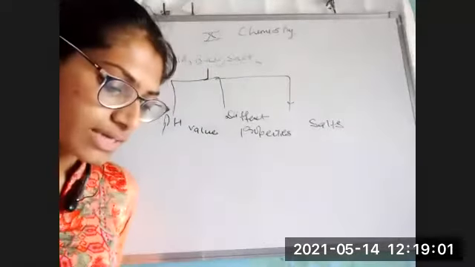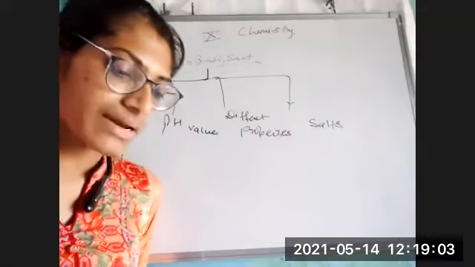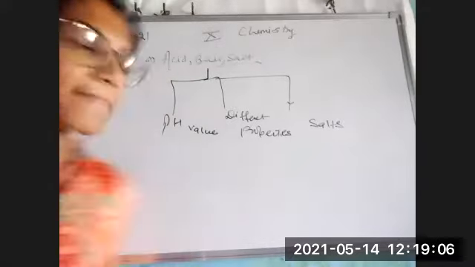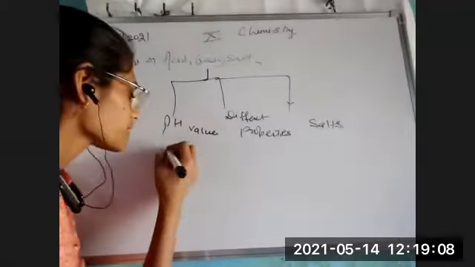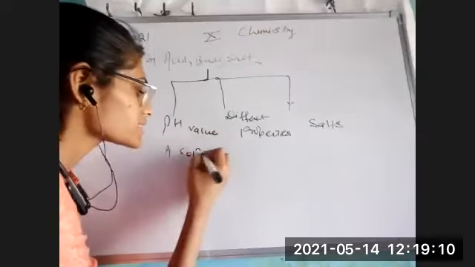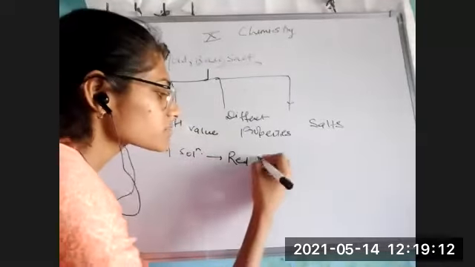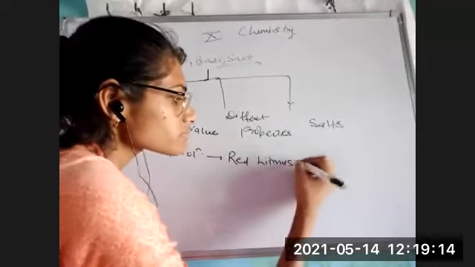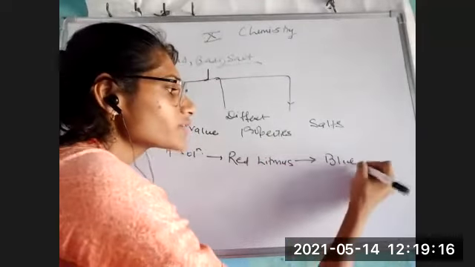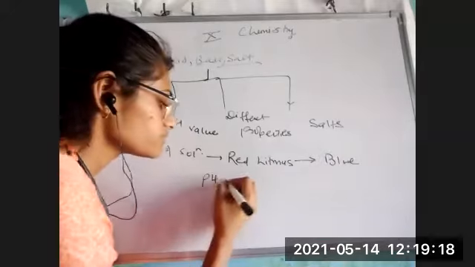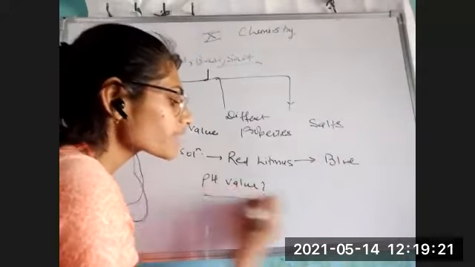The first question is, a solution turns red litmus blue, its pH should be. The question is, a solution is turning red litmus to blue, and what should be its pH value? You know that very well, bache.